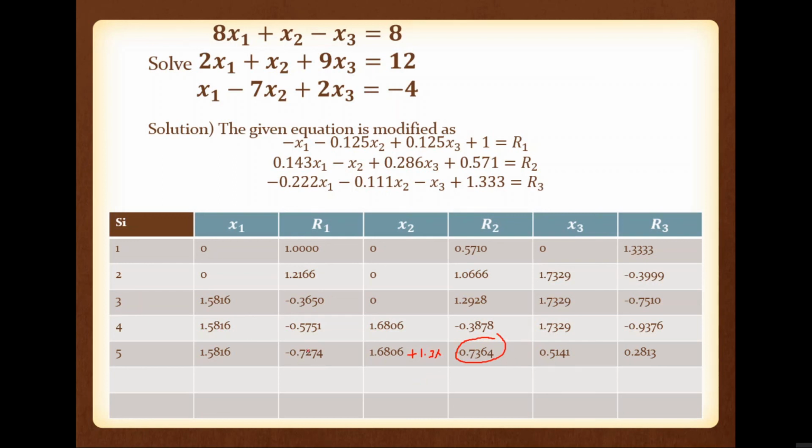So you have to continue this. It will take around 35 steps. So after the 35th step, x1, x2, x3 values are 1, 1 and 1, and the corresponding residues are 0. Okay. So this one is the over relaxation method.